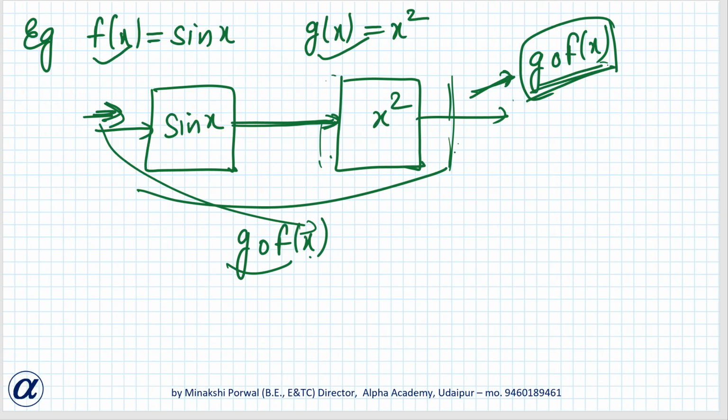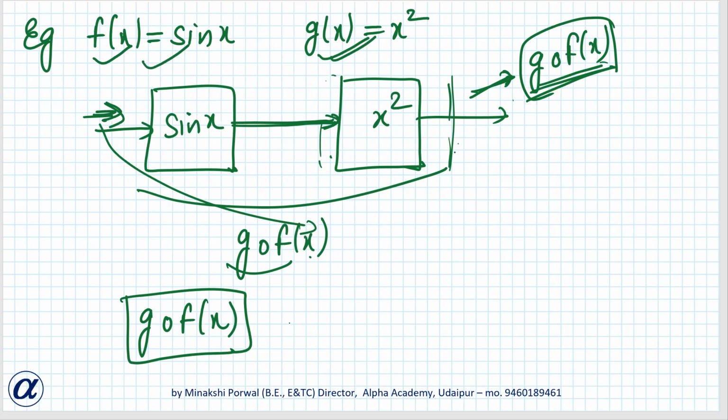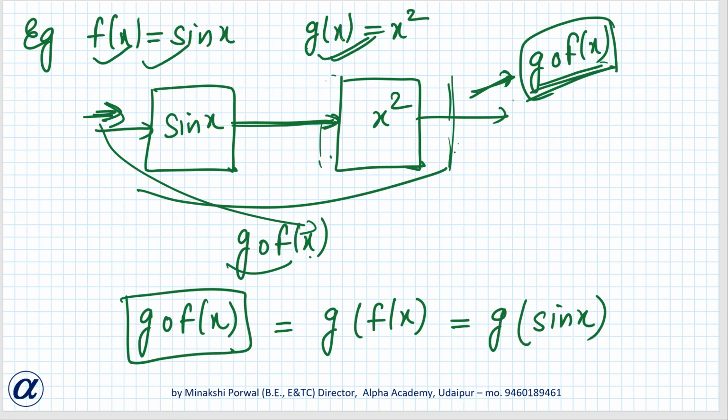That means g of f(x) is g of sin x, so g of f(x) will be sin x the whole square, sin square x. So if this function is continuous and this function is continuous, then their composition will also be continuous.